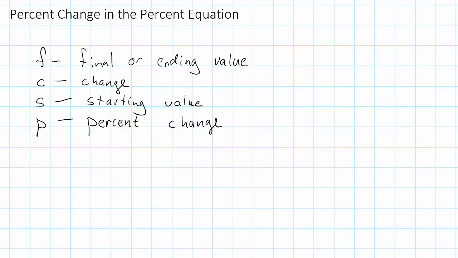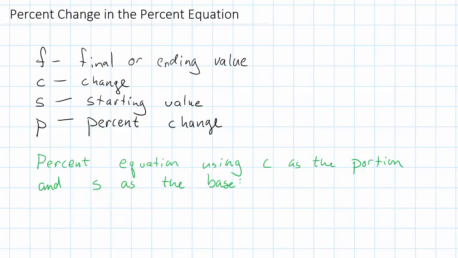Now we know that the percent change is the change expressed as a percent of the starting value. That is, according to the percent equation, using c as the portion and s as the base, we have c equals p times s. Remember, if you're going to do calculations with it, your percent needs to be expressed as a number.